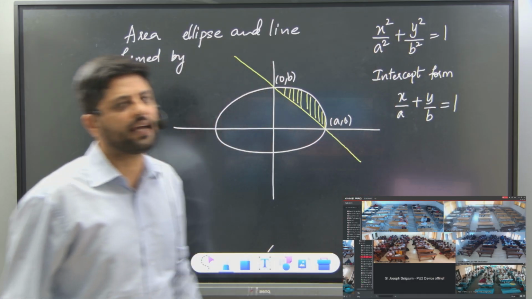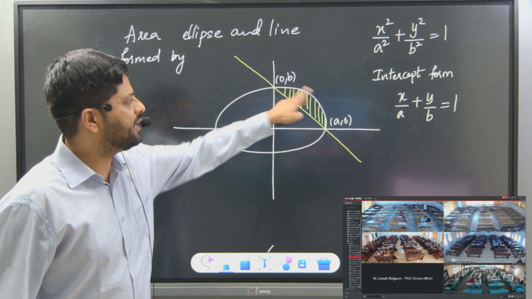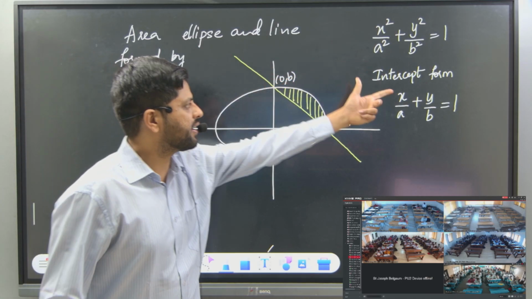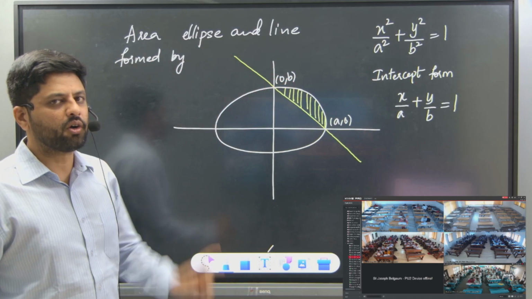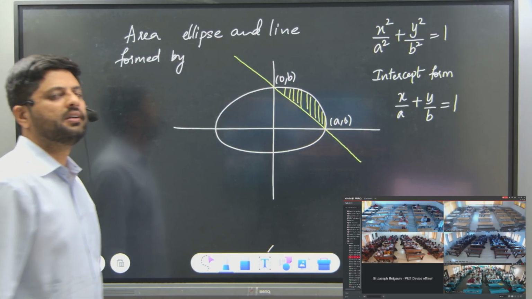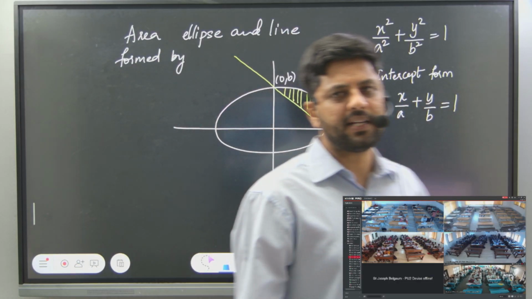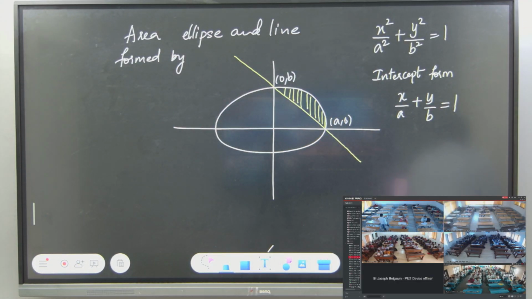Now, if I have to find out the area between these two curves, one is the ellipse whose equation is given, and one more is the line. And what is very important, the line should pass through A and B only. That's why I have written x by A plus y by B is equal to 1.